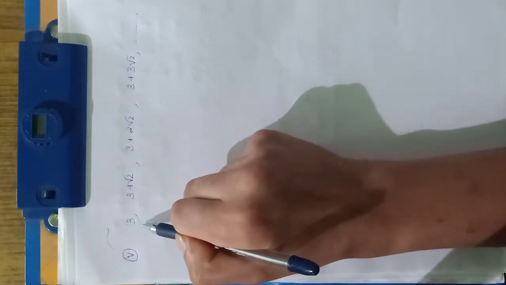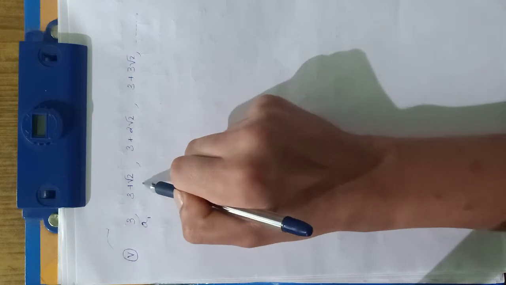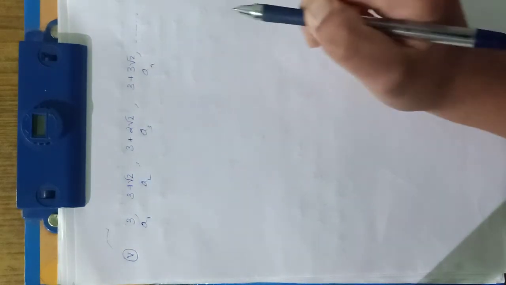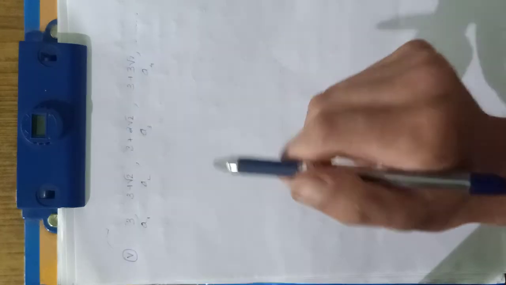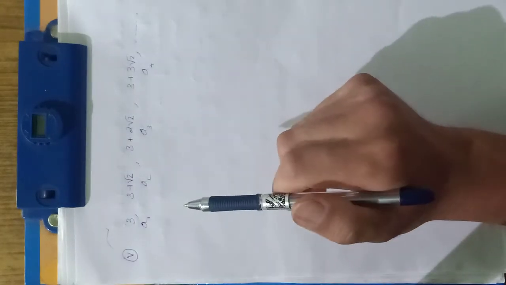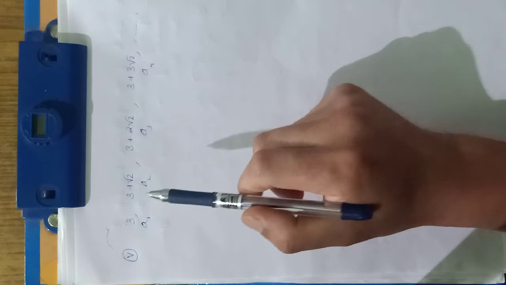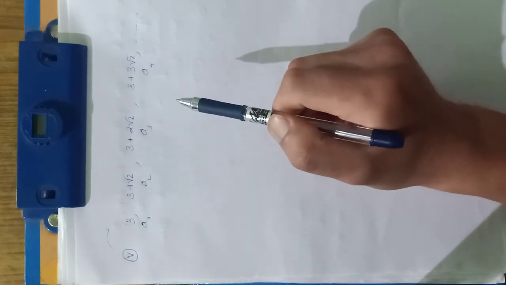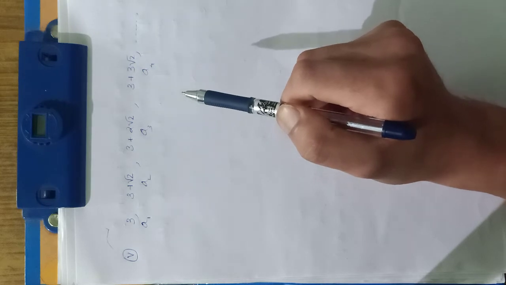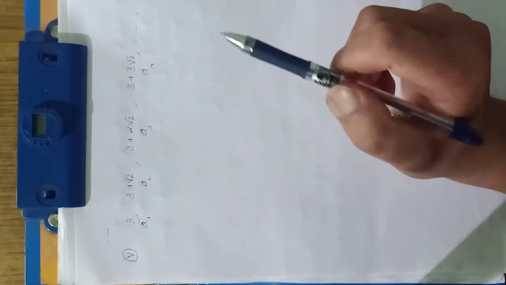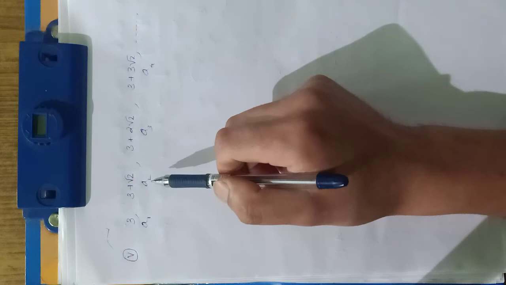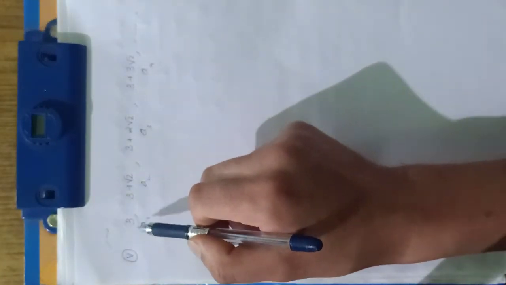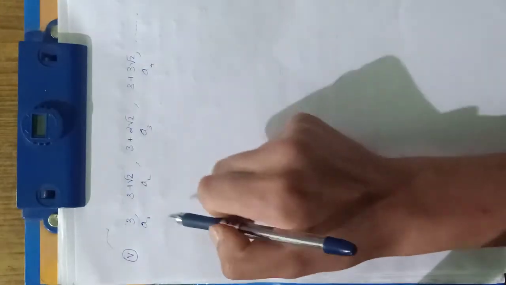Here, the first term, the second term, the third term, and the fourth term. In order to determine whether the given series is an arithmetic progression, we check the difference between each of the consecutive terms. Now, as in the previous question, we choose any term in this series, A2.